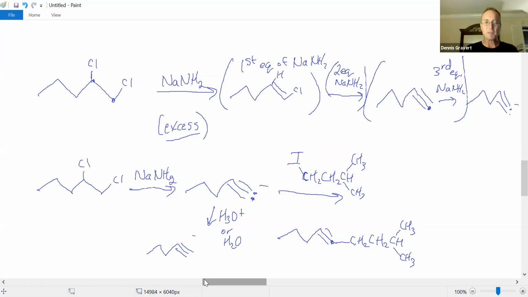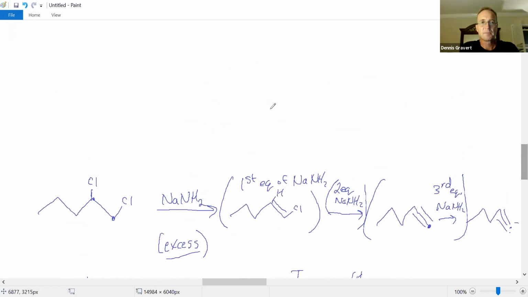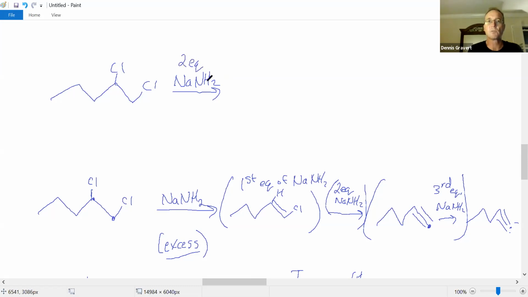Someone might be asking, wait, do I have to memorize add water here? And the answer is no. If your goal was to make the triple bond from this molecule, you might want to put in 2 equivalents so I know that you just want to remove 2 chlorines, 2 hydrogens, and stop at the triple bond. There you go. That'd be good enough for me.